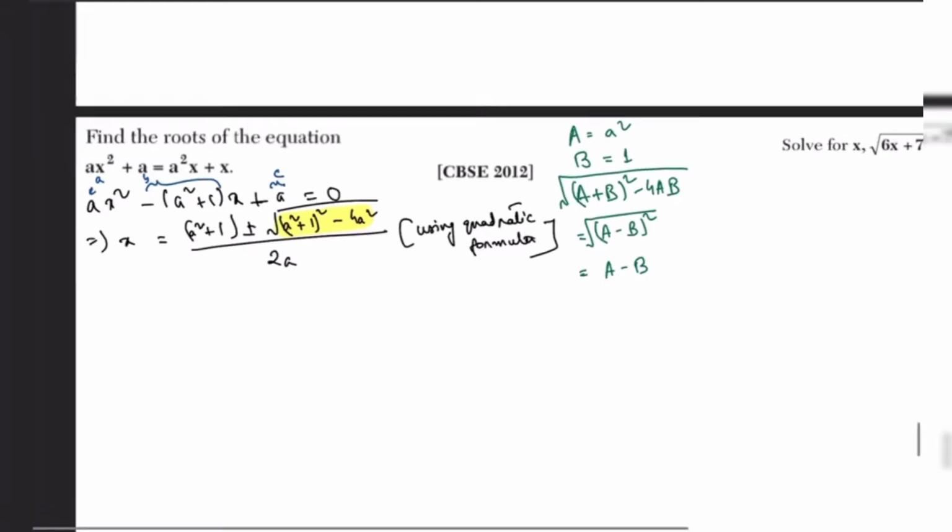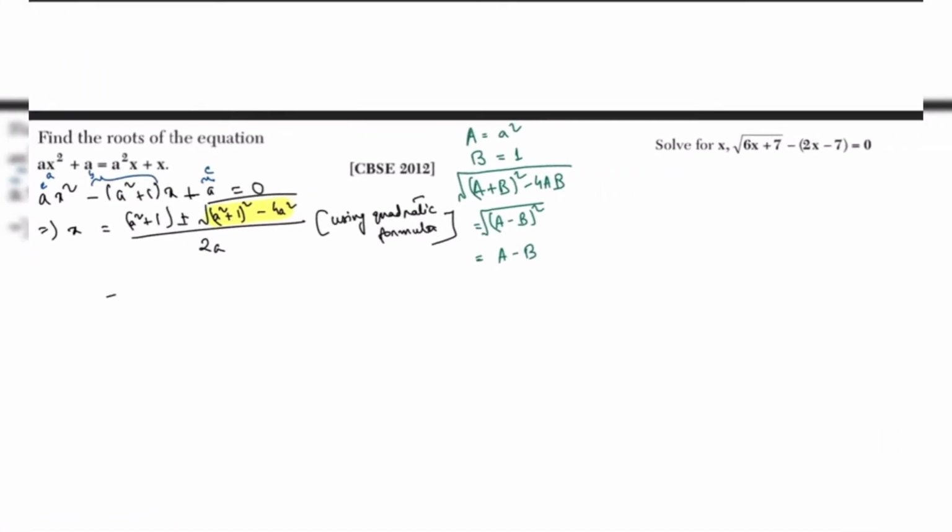Okay, so let's write it accordingly. Equal to a square plus 1 plus or minus a square minus 1. This we have to write using the identity a minus b whole square is a plus b whole square minus 4ab.